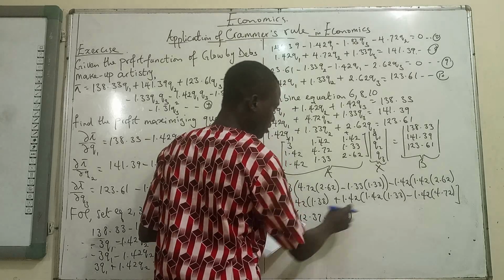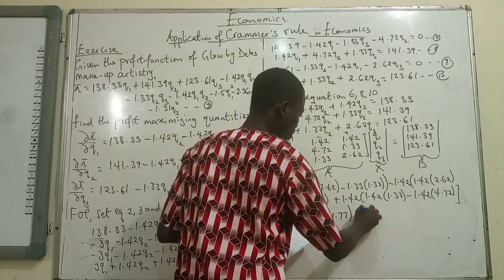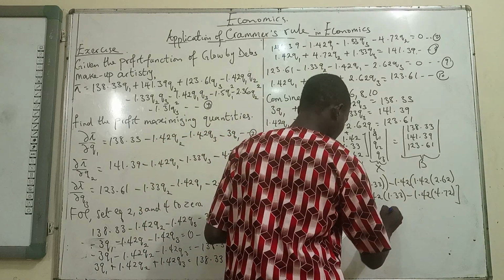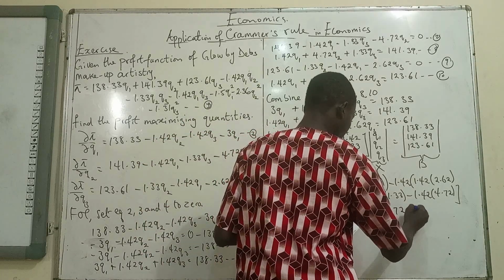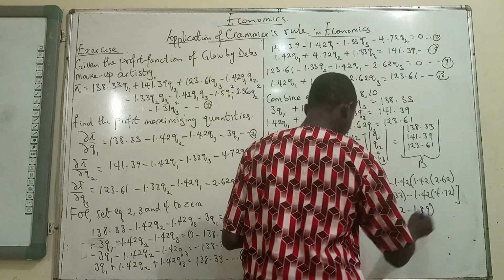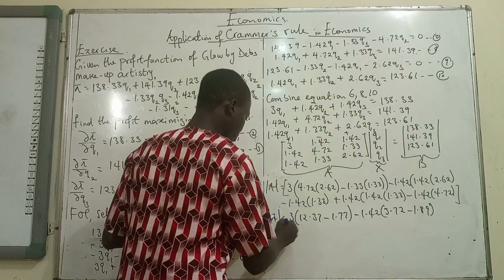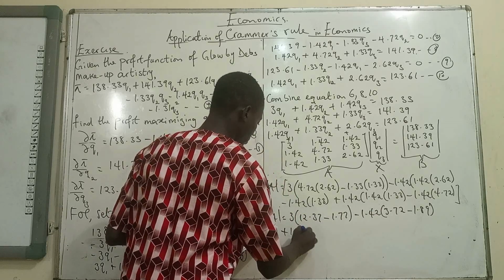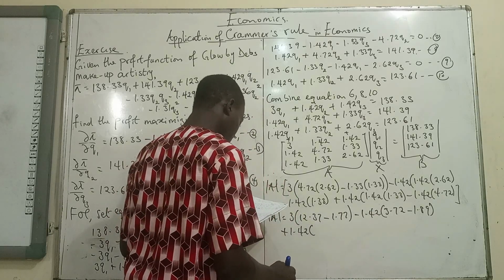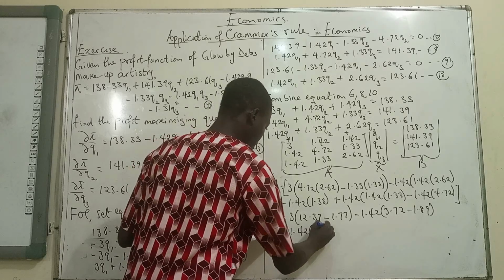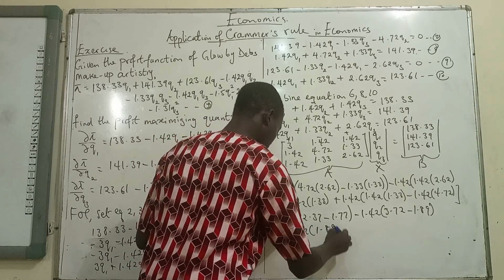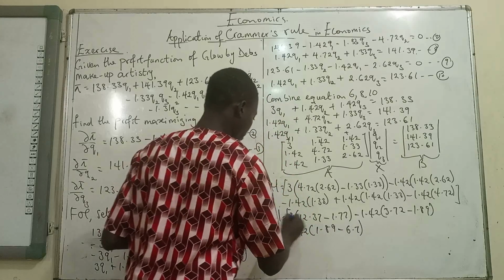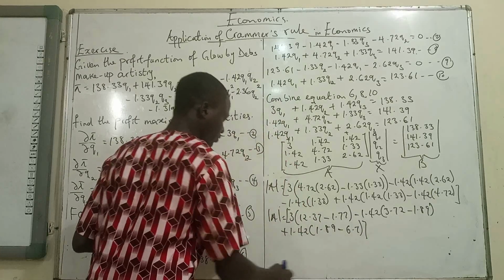Then we have minus 1.42 into brackets 3.72 minus 1.89. Please use your calculators to verify these answers. Then we have plus 1.42 into brackets 1.89 minus 6.7. So you could just put everything in this form.